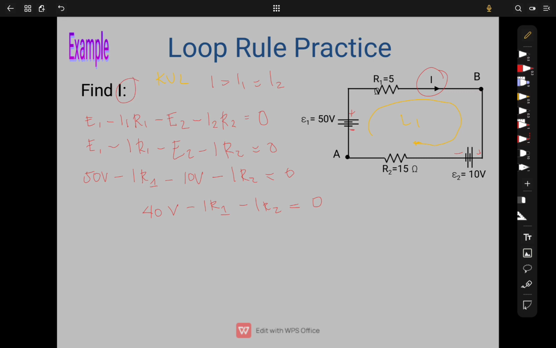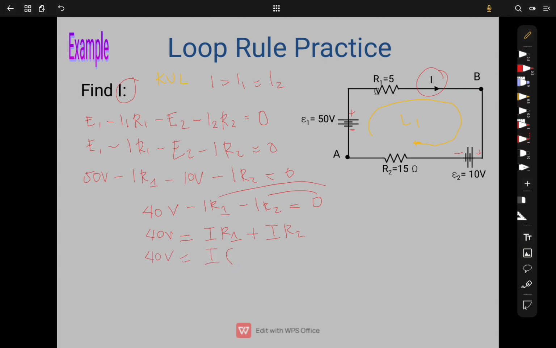So, we can able to transpose it on the right-hand side ng ating equation. So, we have 40 volts is equal to, transpose po natin to, tsaka to. So, we have I R1 plus I R2. And then, syempre, we can factor out yung ating I because that is a common factor.